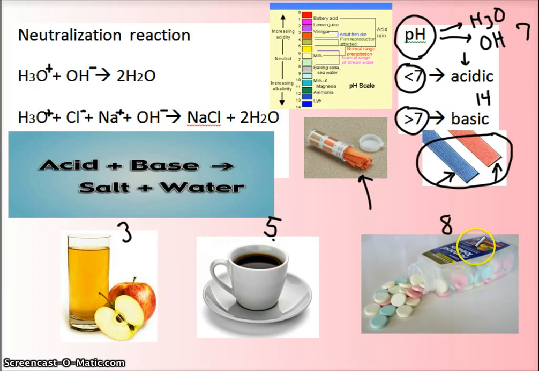But even though it looks like these numbers are close, they aren't really that close. It's kind of like the Richter scale with an earthquake. Apple juice is 10 to the second power more acidic than coffee. 10 to the second power is 10 times 10, so that would be 100 times more acidic than coffee.